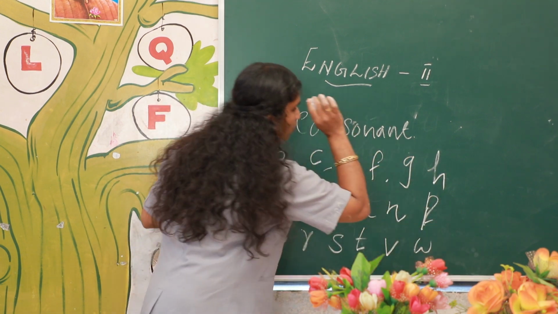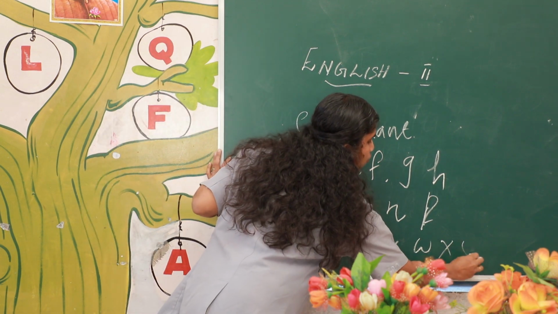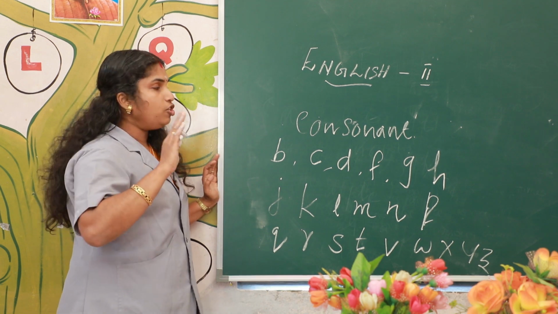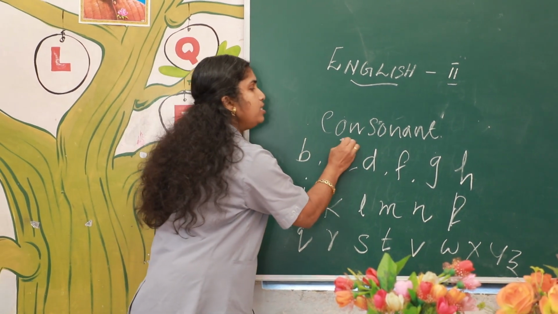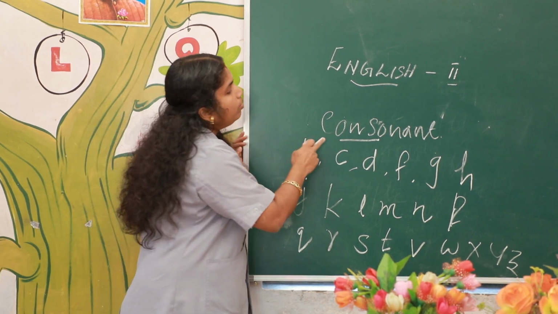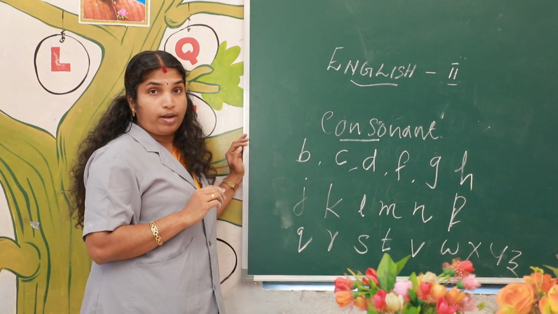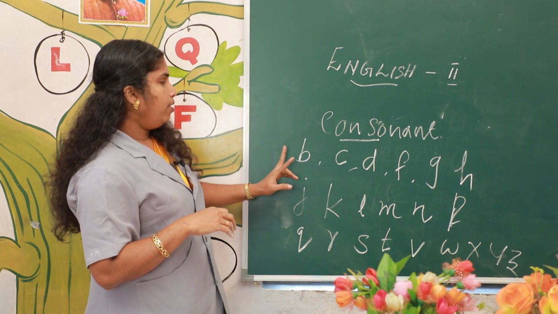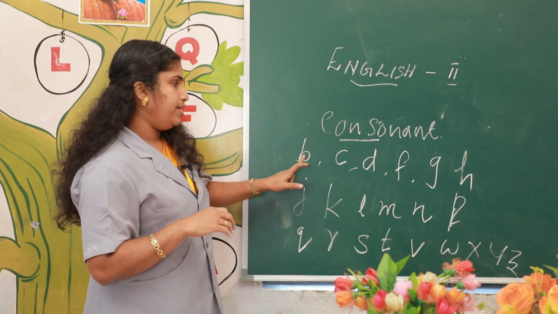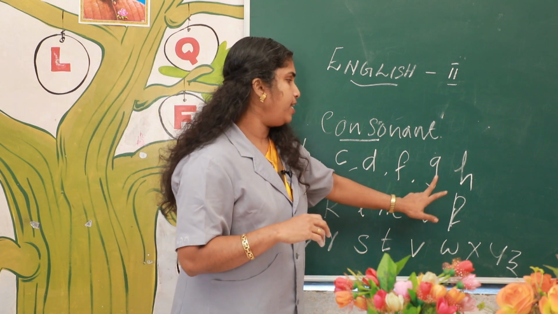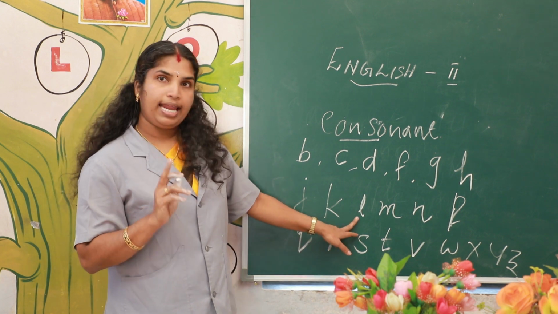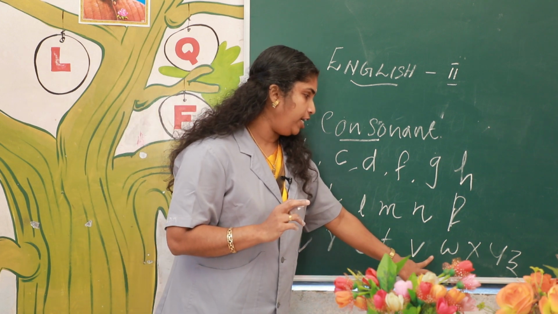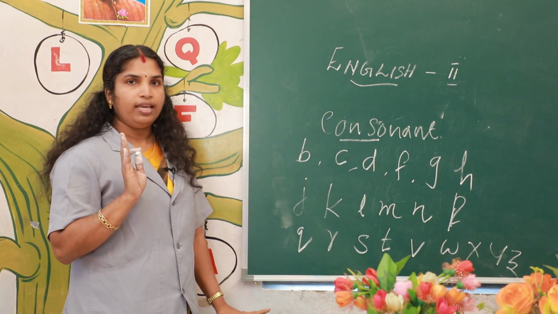V, W, X, Y, Z. The rest of the letters are known as consonants. How do you read it? Consonant. The consonant letters are B, C, D, F, G, H, J, K, L, M, N, P, Q, R, S, T, V, W, X, Y, Z. Okay, got it?